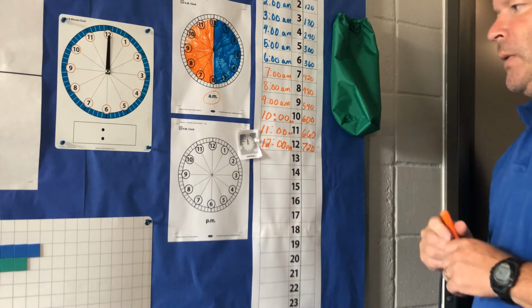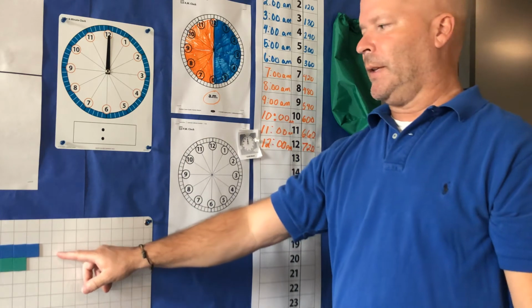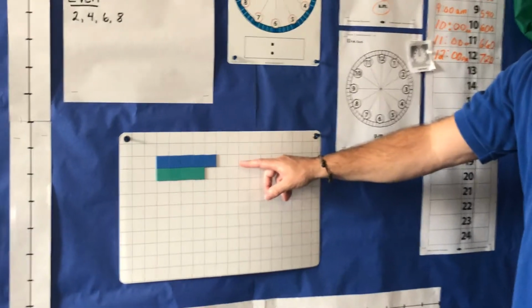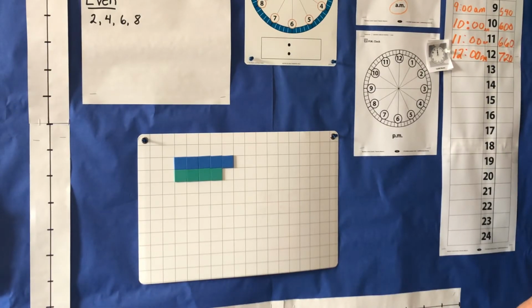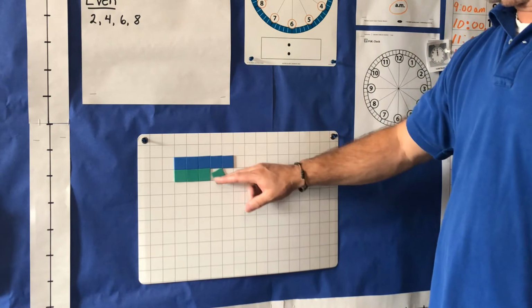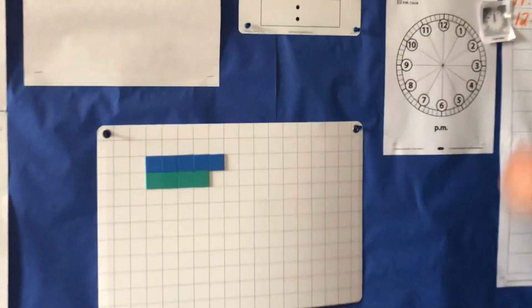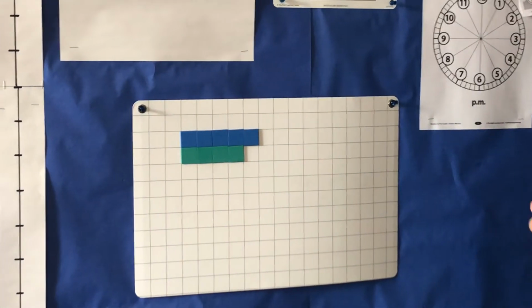What we haven't got to yet, and I want to talk about, is our odd and even chart. I'm just going to get focused on that. What I have here is two colors. I've got blue squares and I've got green squares, and they're magnetic and they stick. I'm going to count the top and then I'm going to count the bottom.